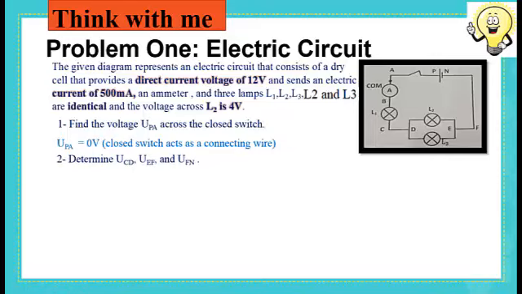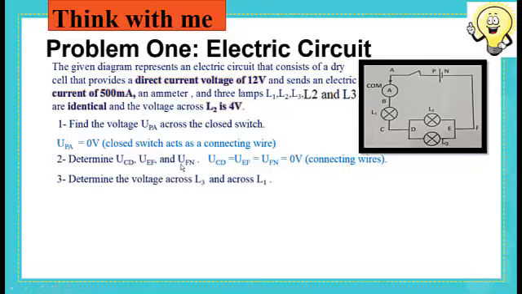Moving to the second question, determine UCD, UEF, and UFN. If you notice, we're talking about connecting wires. So the voltage is equal to 0 across the 3 parts.